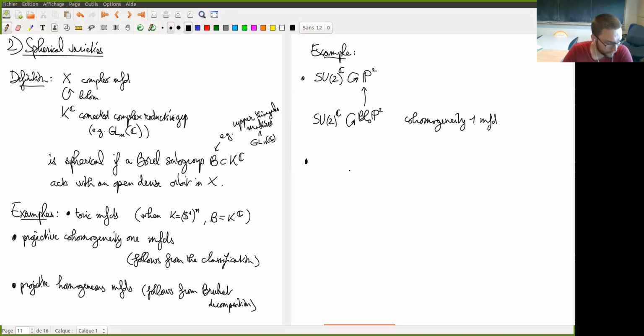And another example of such a construction is to take the 8-dimensional projective space, considered as the projectivization of 3x3 matrices. Then on this space, I have an action of SU_3 times SU_3, complexified or not, by left and right multiplications.